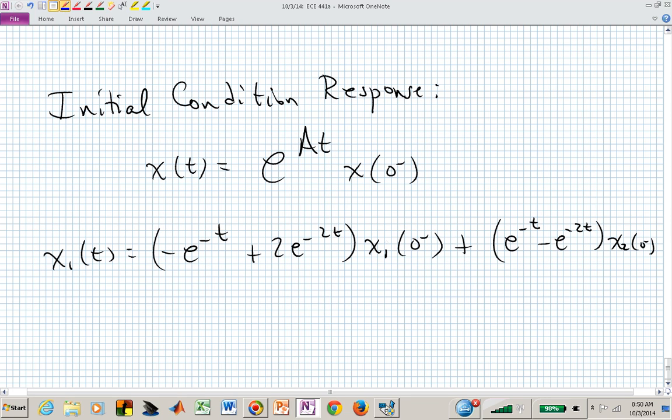But this guy we just said was 4, and this guy we said was 7. And now you have your initial condition response for the first state component, and what is it?